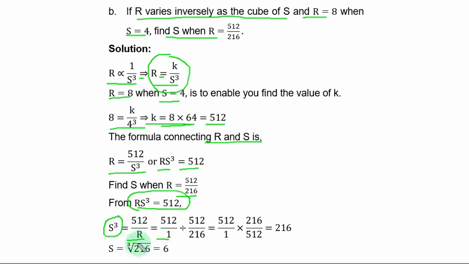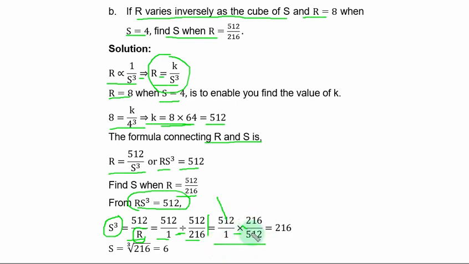Because R is fractional, let us use the division sign. So you have 512 over 1 divided by 512 over 216. In division of fractions, the division sign changes to multiplication and you invert the fraction at the right side. So you have this result.